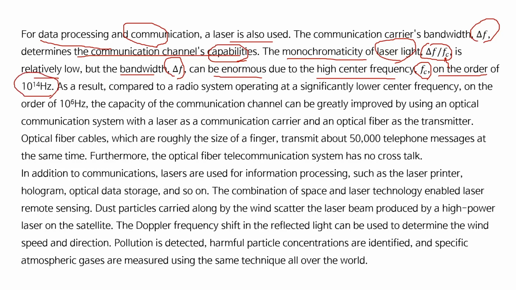As a result, compared to a radio system operating at a significantly lower center frequency on the order of 10 to the 6 Hz, the capacity of the communication channel can be greatly improved by using an optical communication system with a laser as a communication carrier and an optical fiber as the transmitter.